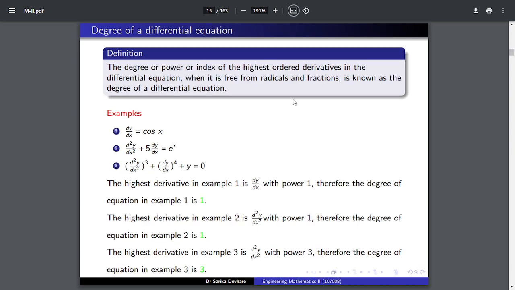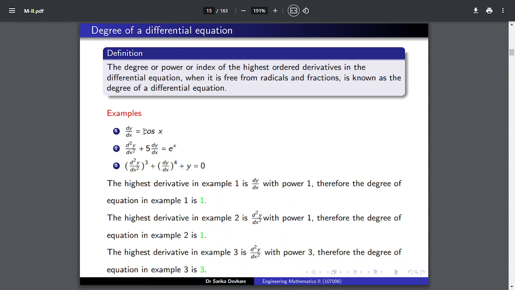Now the next part is the degree of a differential equation. The degree of a differential equation is nothing but the power or index of the highest order derivative in the differential equation when it is free from radicals and fractions. Let's come to the same example again: dy by dx equal to cos x.